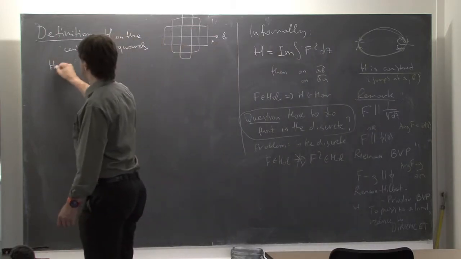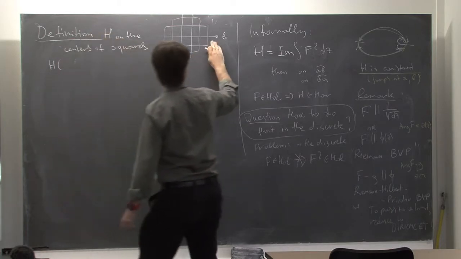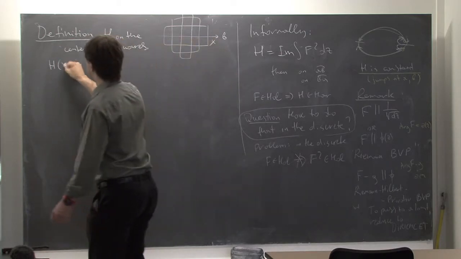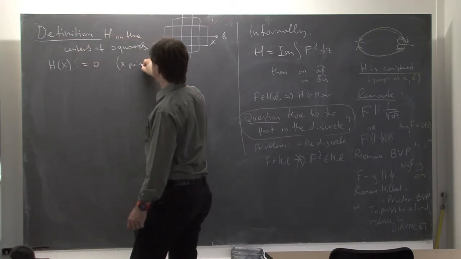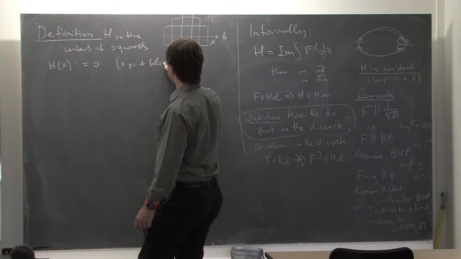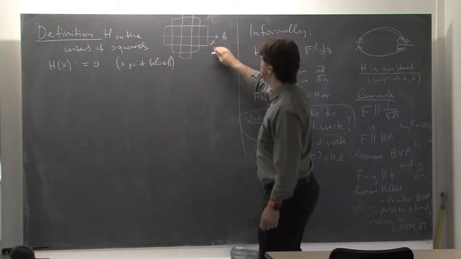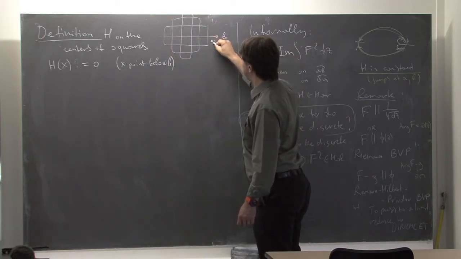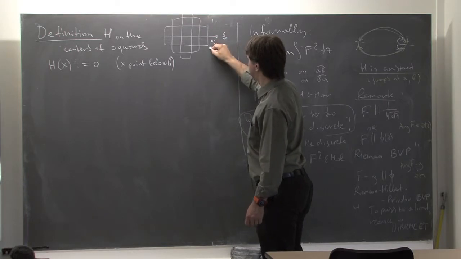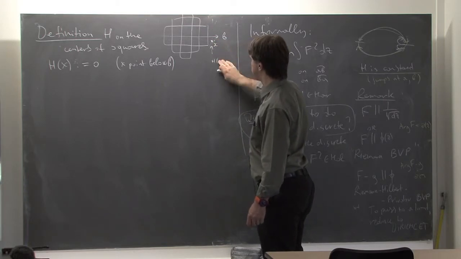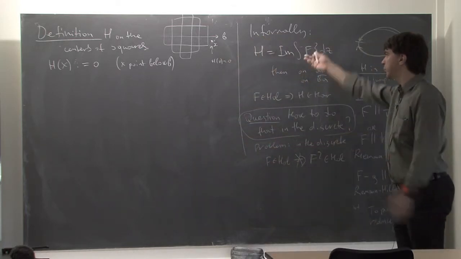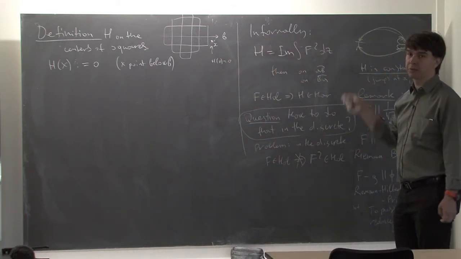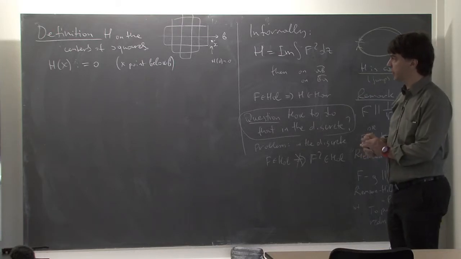And first we set h at this point x, so x is the point below B. So here is the point x, and here h of x is equal to 0, because we'll be defining it as an integral, so we need some reference point from which we start integrating.